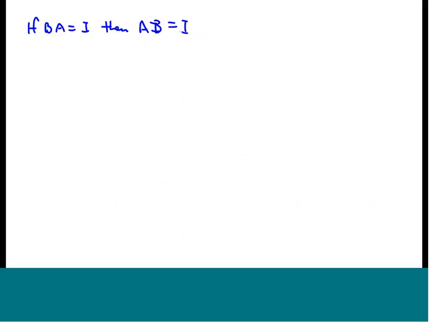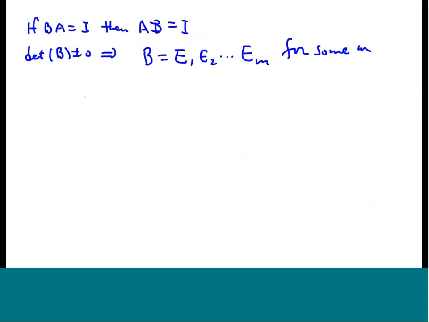Let's prove it. How do you prove it? Because determinant B is not 0, B is going to be equal to E1 times E2 times up to EM for some m. Then you get E1 times E2 times up to EM times A equals I. Every Ei has an explicit inverse.